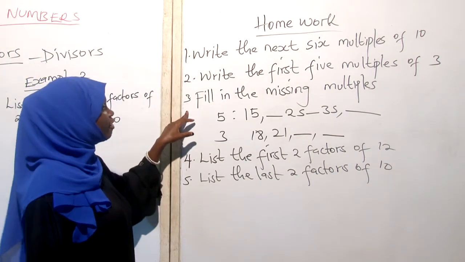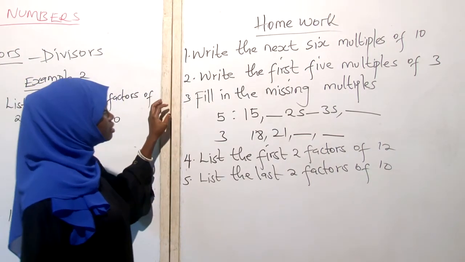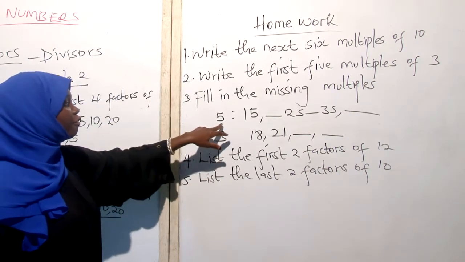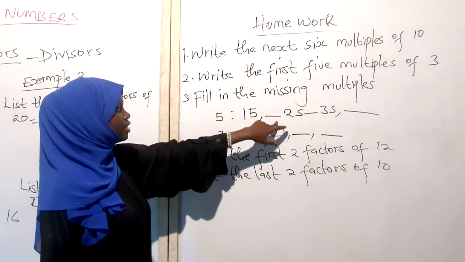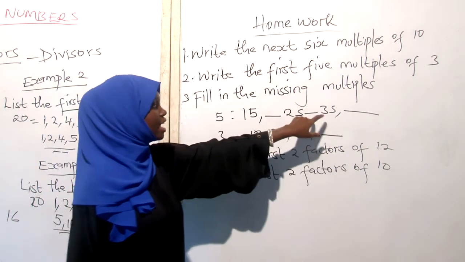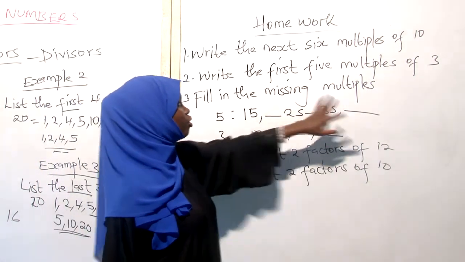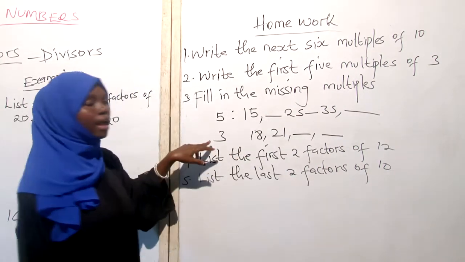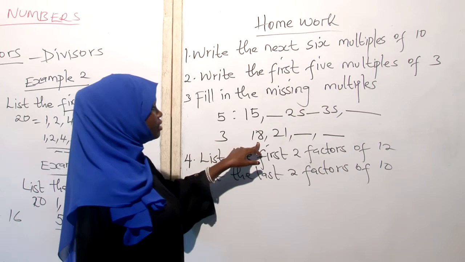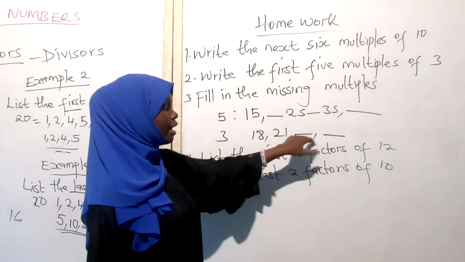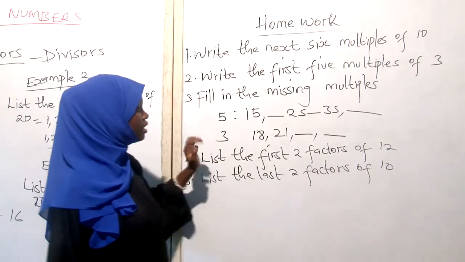Question 3. Fill in the missing multiples. That is the multiples of 5. We have 15, dash, 25, dash, 35, dash. We are going to fill in the missing multiples. And then multiples of 3, we have 18, 21, dash, dash. So you are going to fill in the gaps.